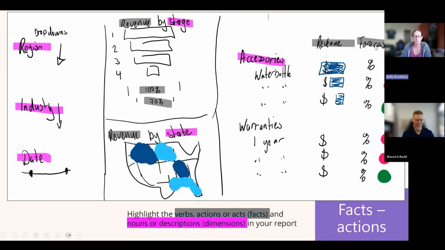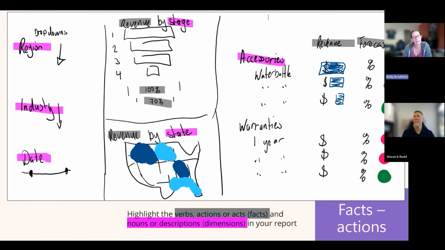So obviously I should be able to create a measure that is the forecast based on other information on the opportunity. If I did need to bring through forecasts or budgets from a different system, that would be a different fact table, a different process that would need to relate to my opportunities based on things like accessories or products. But in this particular example, I don't need to do that.